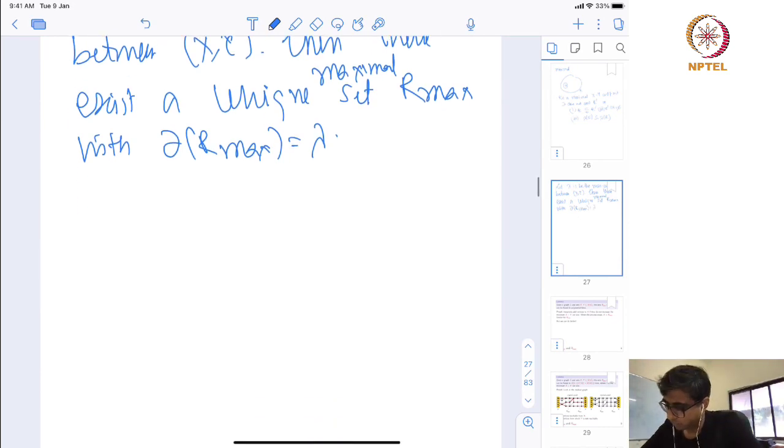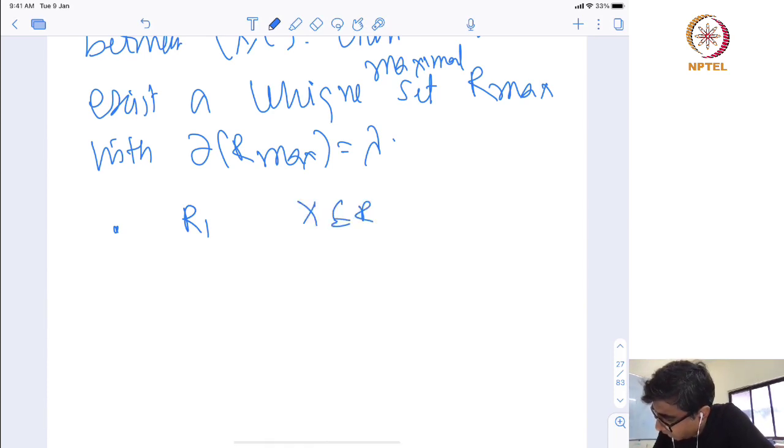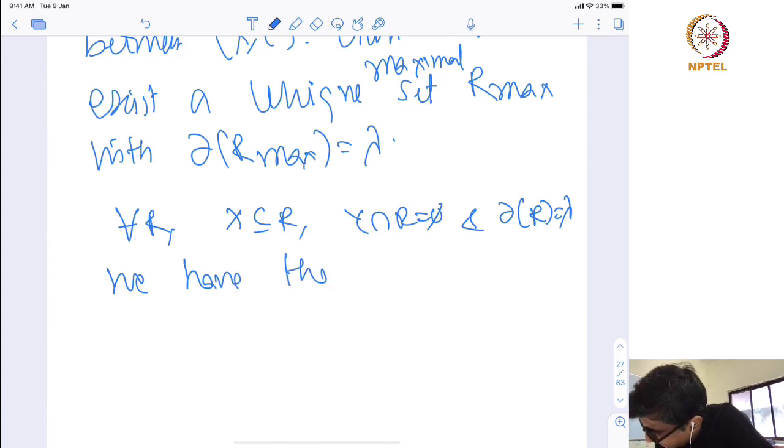In other words, if you have some R with the property that X is a subset of R, Y intersection R is empty, and delta of R equal to lambda, we have that R is a subset of R max, right?